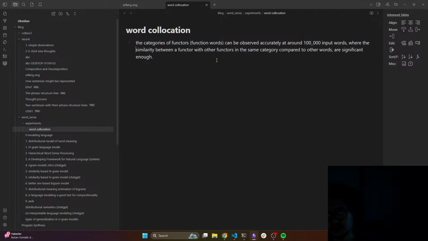Where the difference of similarity, I should say where the vector representation of the functor is distinct enough from words that are outside of the functors category.